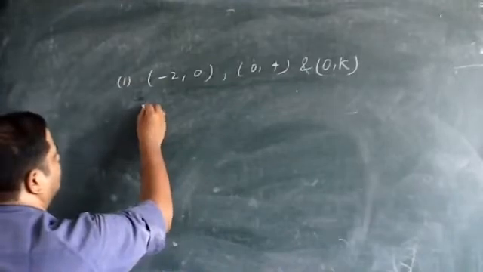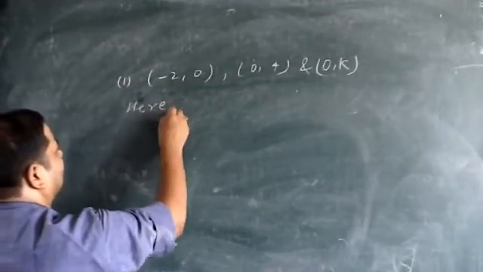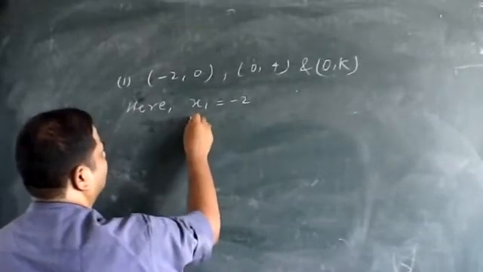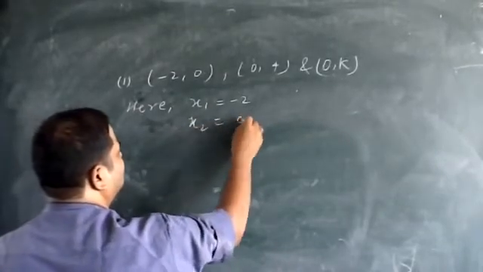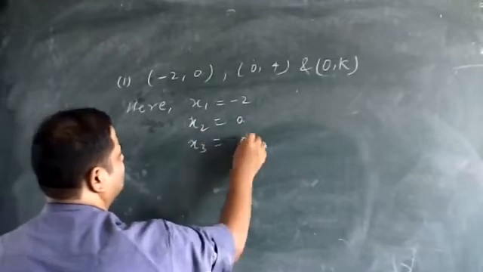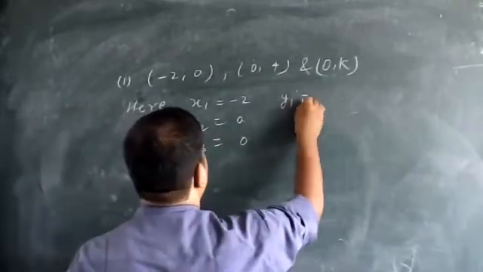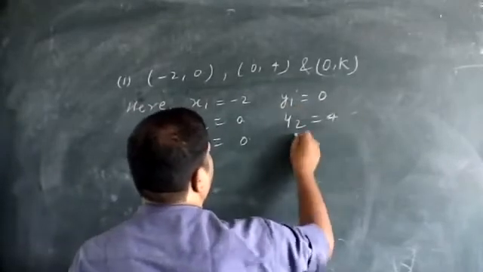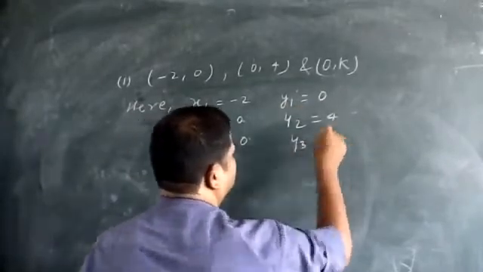So see here how to solve. Here x1 is minus 2, x2 is 0, x3 is 0, y1 is 0, y2 is 4, y3 is k.